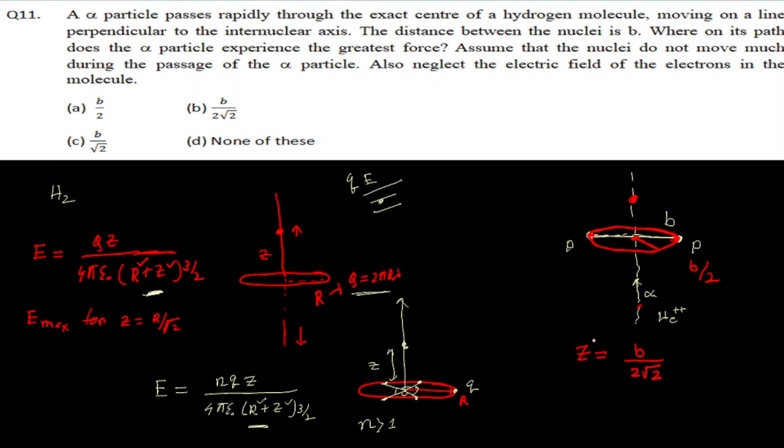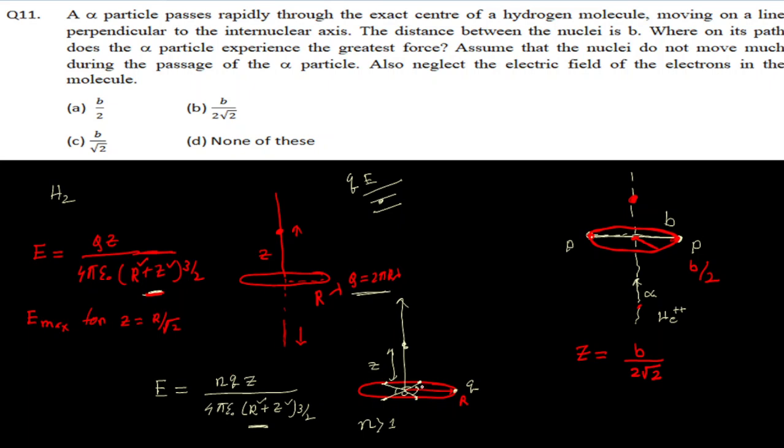Okay, so I hope you got the idea. What is the idea here? We have already calculated the electric field on the axis of a circular loop, and we have noticed that the electric field will be qz divided by 4 pi epsilon, r square plus z square all to the power 3 by 2. Now instead of a uniformly charged loop, if we have discrete point charges, where the number of charges is more than one, let's say 2 charges, 3 charges, minimum should be 2, but it could be up to infinite.